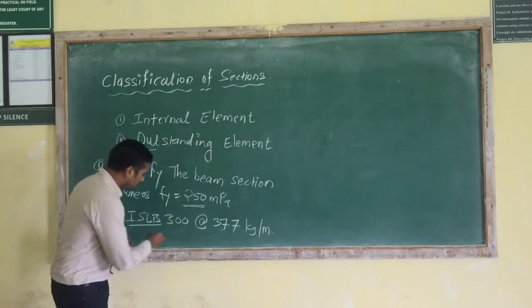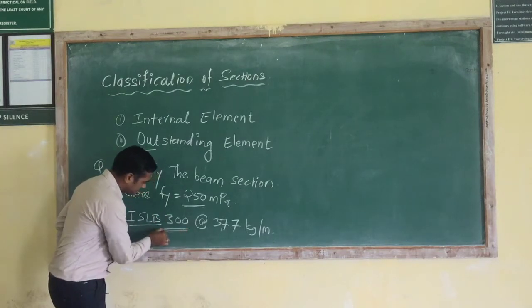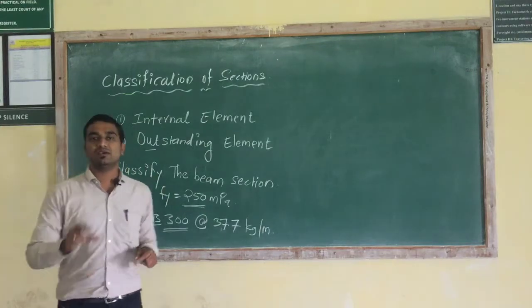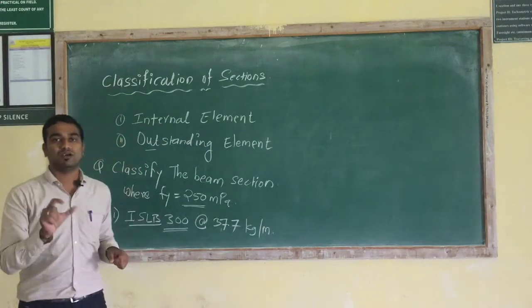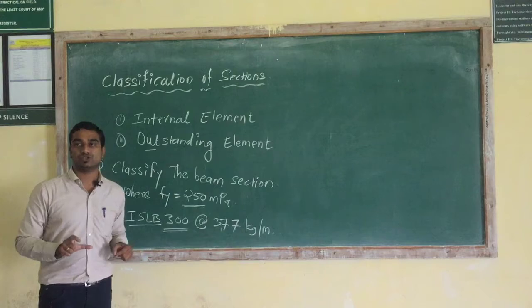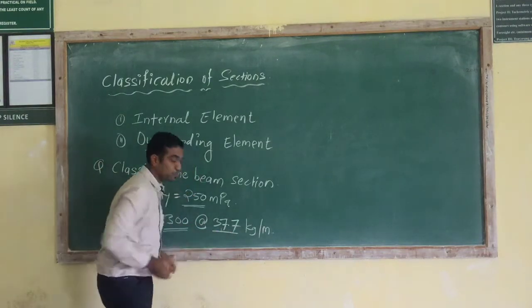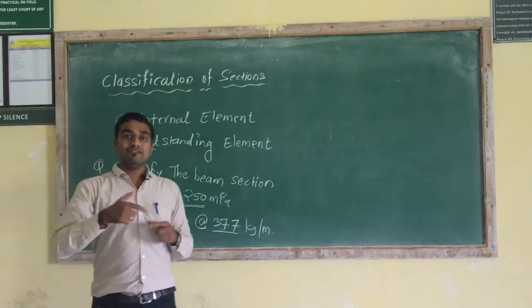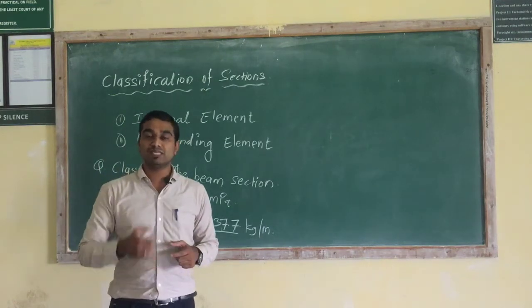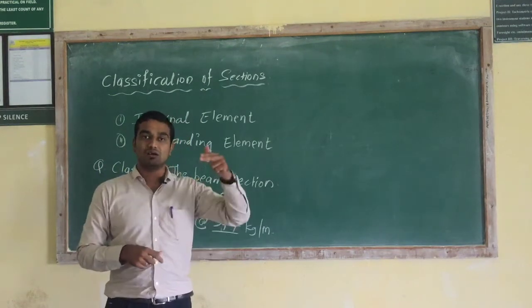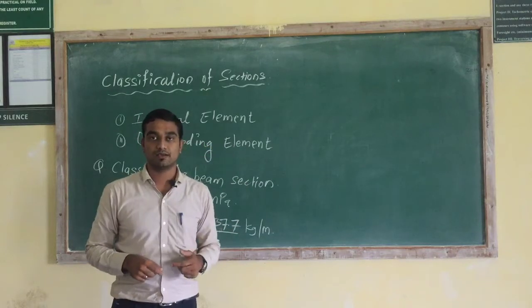Now here 300 is nothing but the specification of that section. It may be the depth of that section. Next is this one, 37.7. Sections are available in different weight categories.